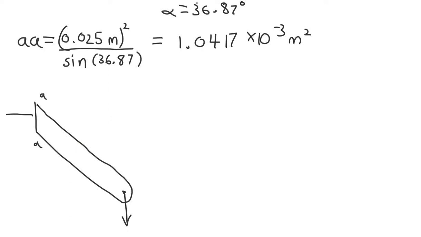We will not use P, but we will rather use one resultant force, FBC, that is in line with the member BC. So at AA there is a normal force, a shear force, and a moment.